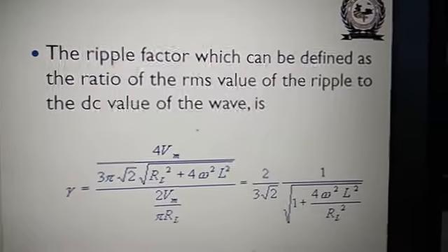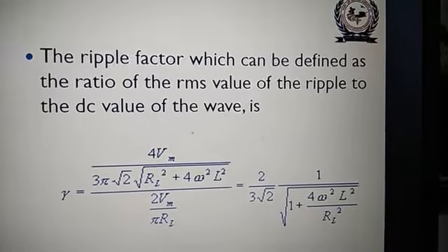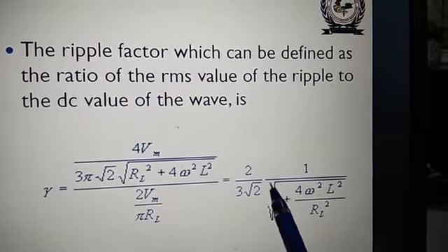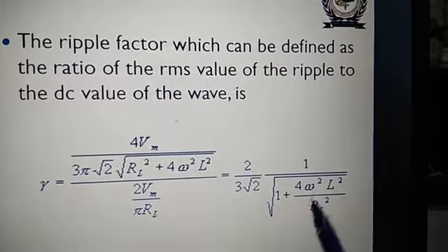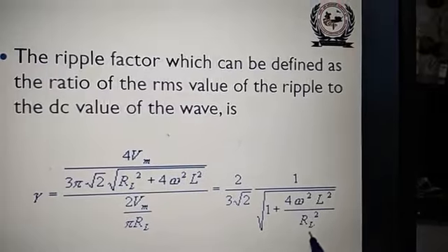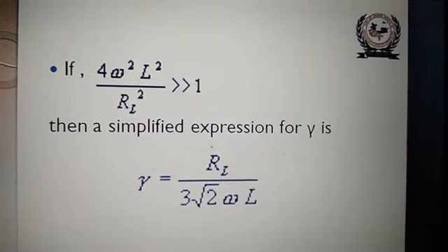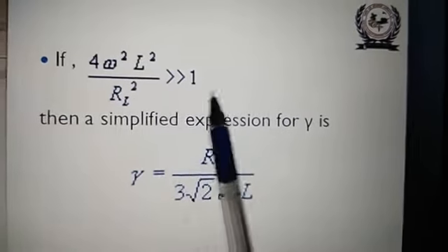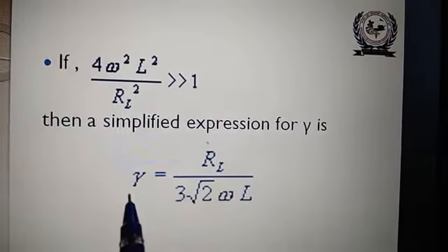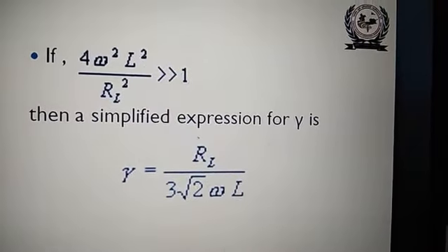The ripple factor, defined as the ratio of the RMS value of the ripple to the DC value of the wave, is given by 2 by 3 root 2 into 1 upon square root of 1 plus 4 omega square L square upon RL square. If 4 omega square L square upon RL square is very much greater than 1, then the simplified expression, as we have already seen, is the ripple factor gamma equals RL upon 3 root 2 omega L.